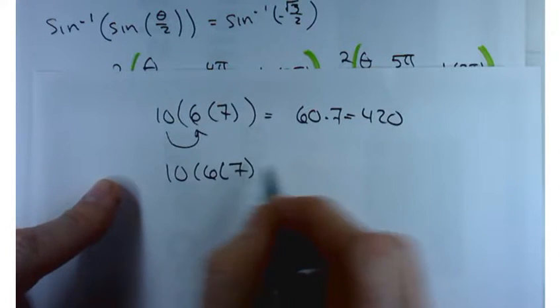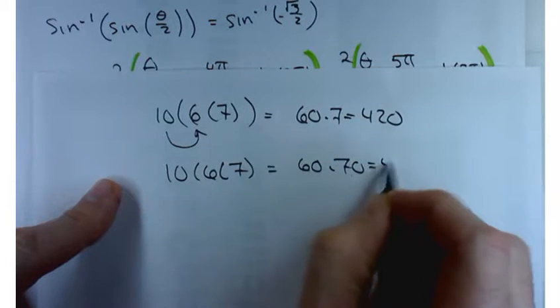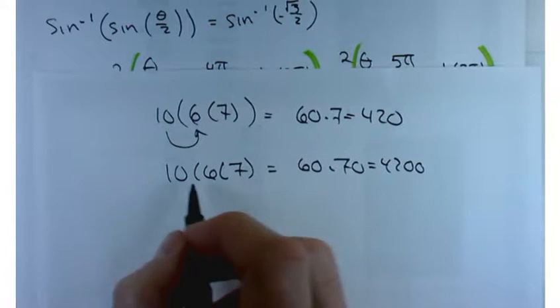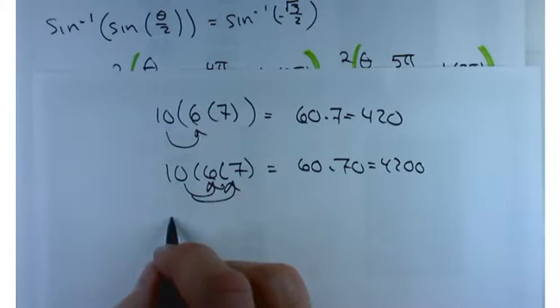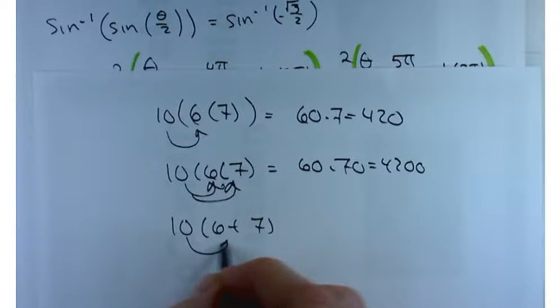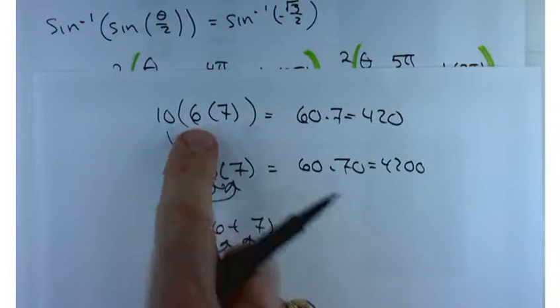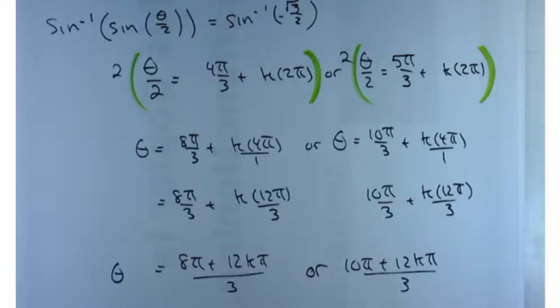The other possibility would say, oh, that's 60 times 70 is 4,200. But that means you're distributing when you shouldn't be. You would only distribute if there was an addition. If there's an addition, then both of them get multiplied. But if there's not, then just one of them gets multiplied, and you get to choose which one.